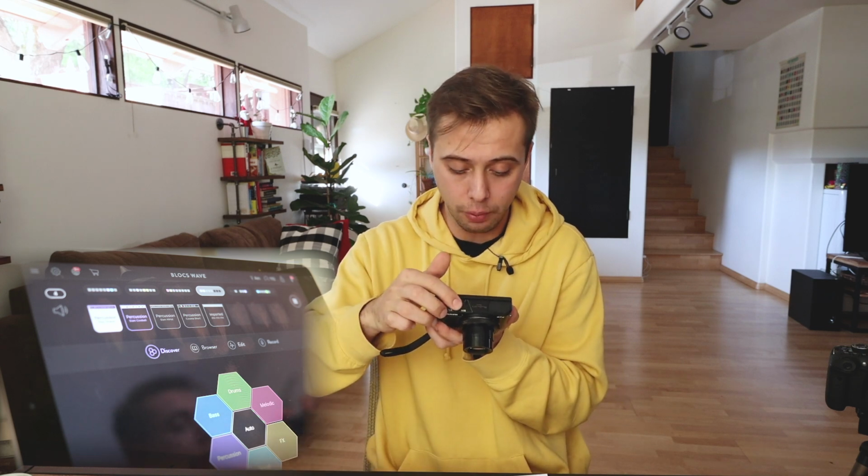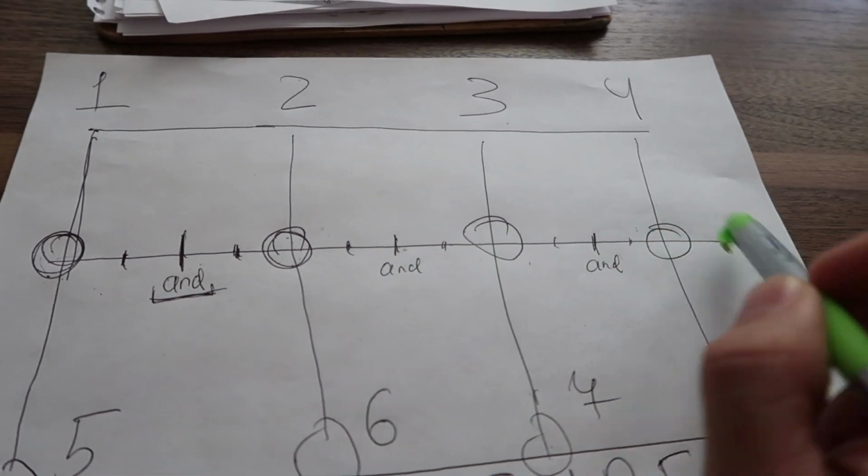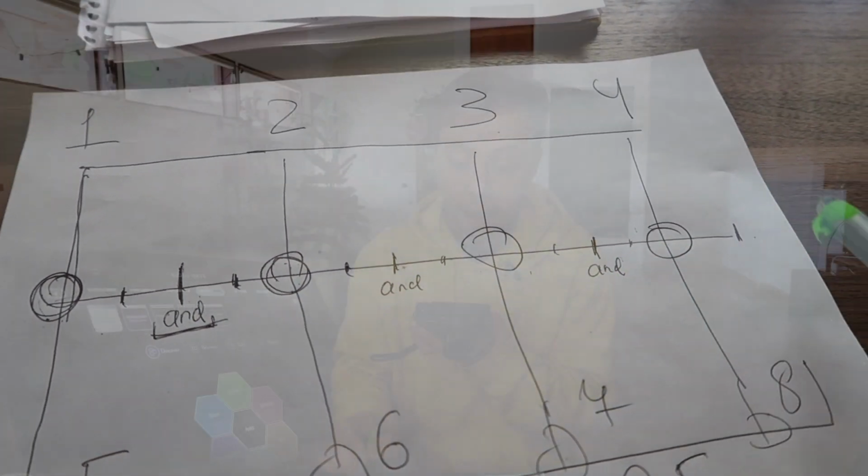Now we're going to add another sound, a slam shaker. This shaker is making sound exactly on count "and." So it's 1 and 2 and 3 and 4 and, 1 and 2 and 3 and 4 and, right?